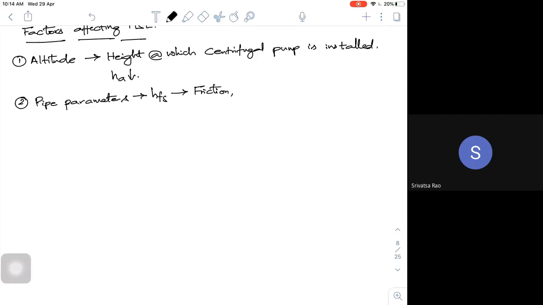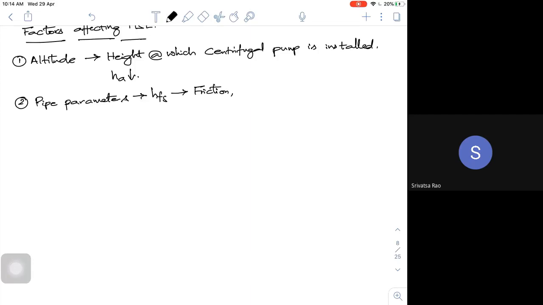How can we calculate this friction? For a given diameter and a given velocity, we will find the Reynolds number, and from the Moody diagram, depending upon the Reynolds number, we will find the friction coefficient.